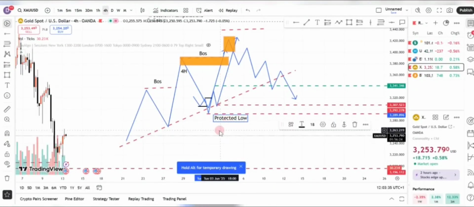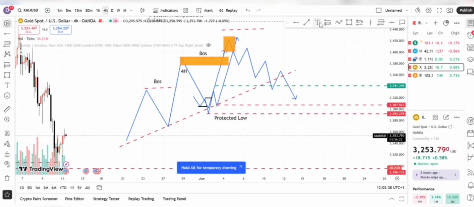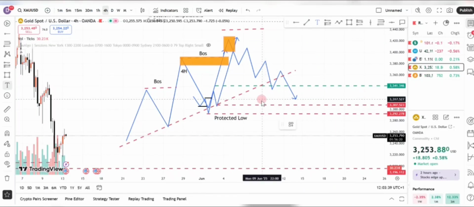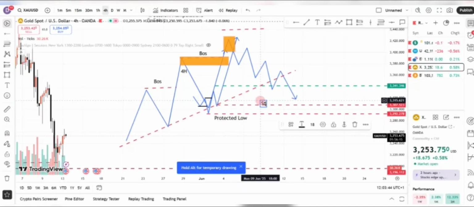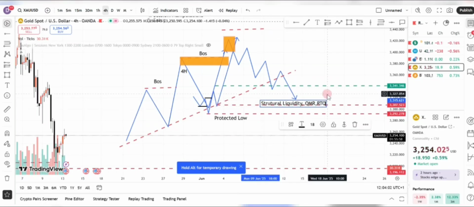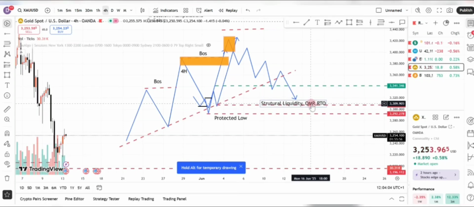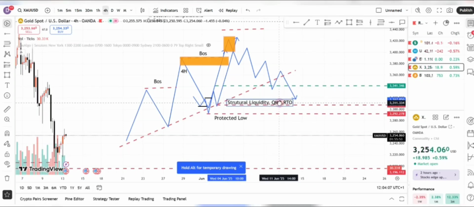So if this has happened, this is what you usually see me annotate in my charts that I call structural liquidity. I don't know if you've seen me do that. You see me do things like structural liquidity, QMR, or RTO most of the time. So this is where I want to enter my trade.